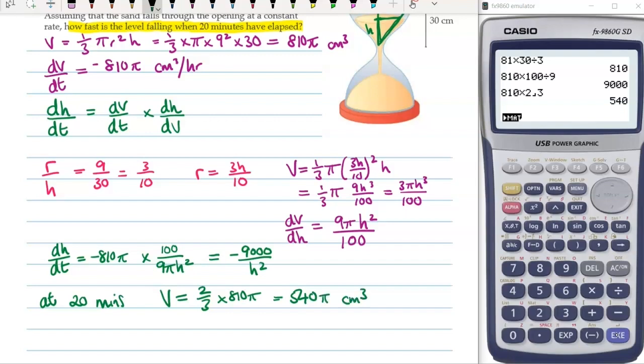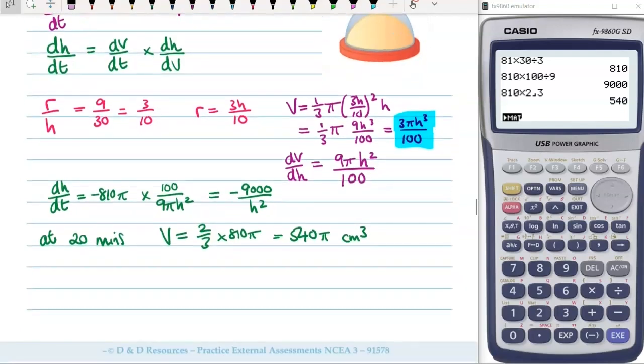Now the volume we've got on this line just here. Let's just highlight that actually. We're going to use this version here so we can get the height out of it. So if we set the volume as 540 pi is equal to 3 pi over 100 h cubed.